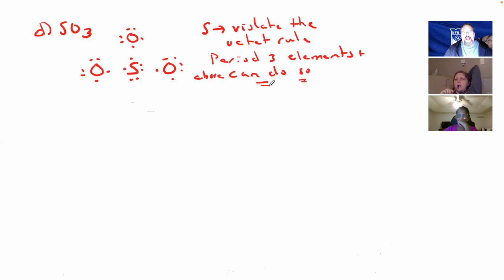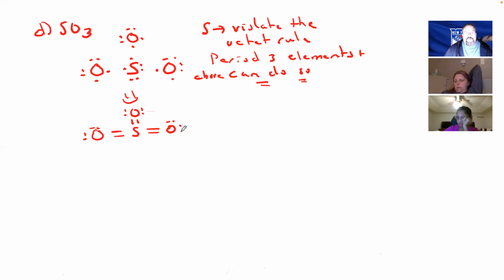The reason I have to mention that here is because in order for each oxygen to get to 8, which it can do, you actually have to have double bonds between the sulfur and each of the oxygens.